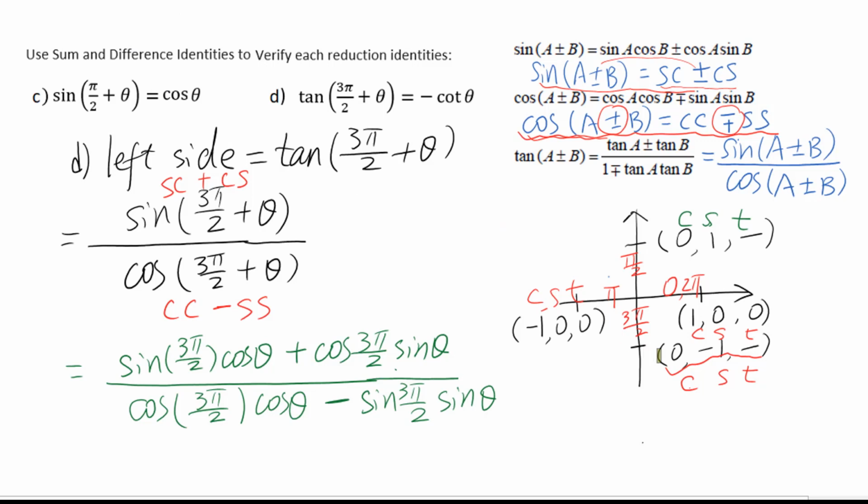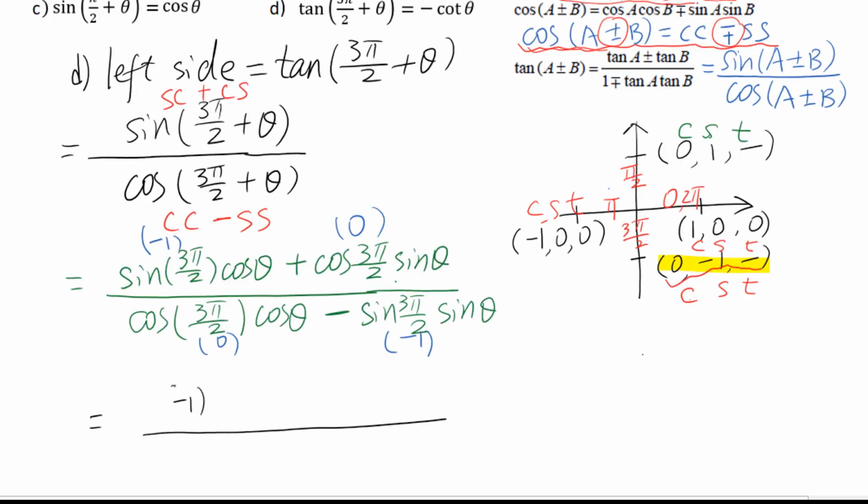For the 3 pi over 2, this is the coordinate. Cosine 3 pi over 2 equals 0. Sine 3 pi over 2 equals -1. So you have -1 cosine theta plus 0 times sine theta.